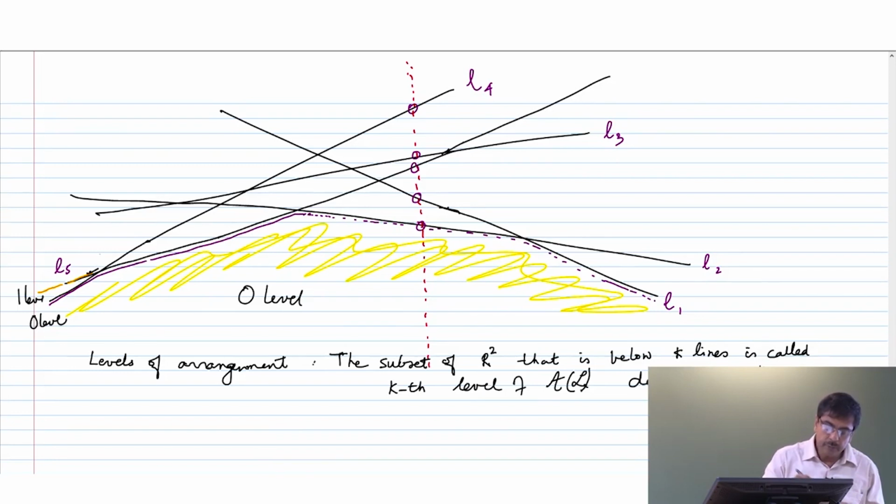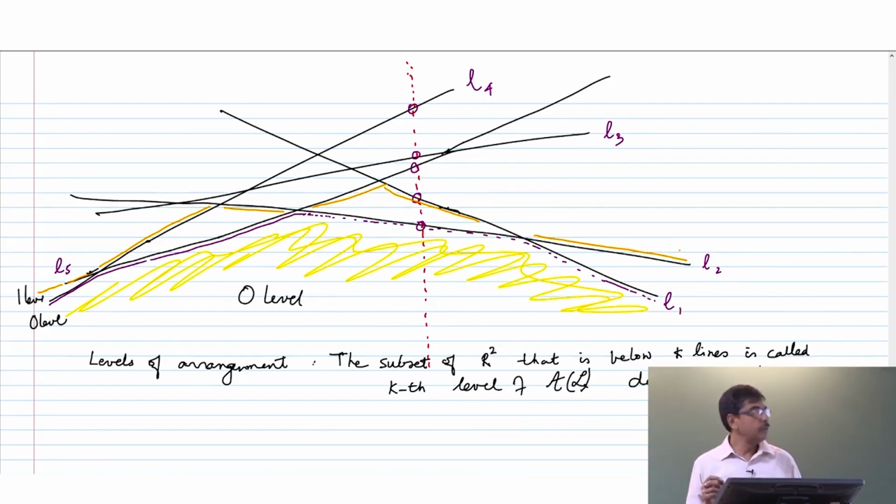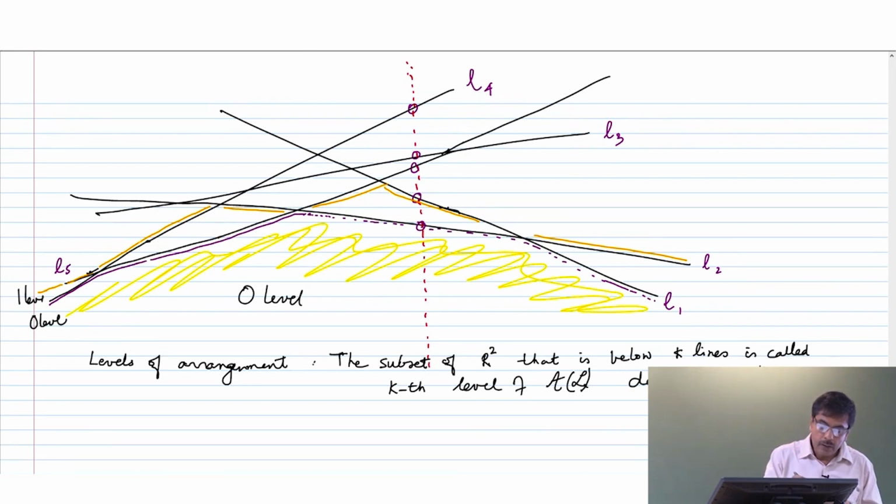So, at this intersection point I must diverge. Then I come here, and I come here, and I stay there. So, the entire portion below this dark yellow line is level 1.